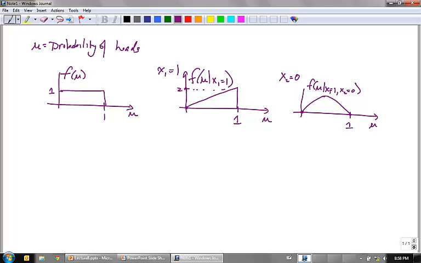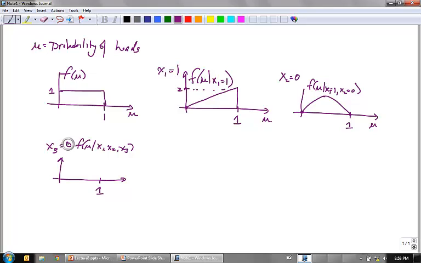Now suppose that I observed a new data point, x3 is equal to 0, let's say. So we observed another tails. In this case, the probability distribution function of f of mu given x1, x2, and x3 equal to the values I observed is probably now skewed more toward the 0 side.